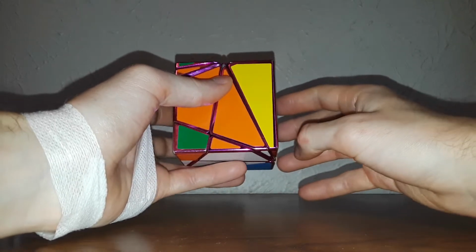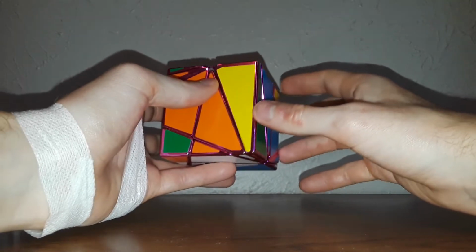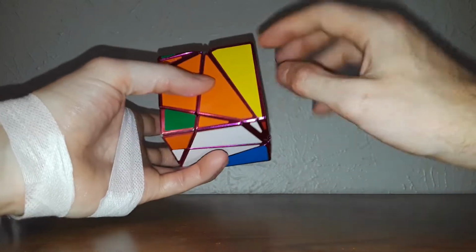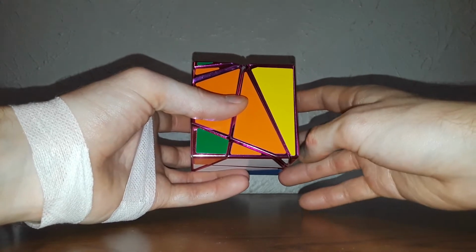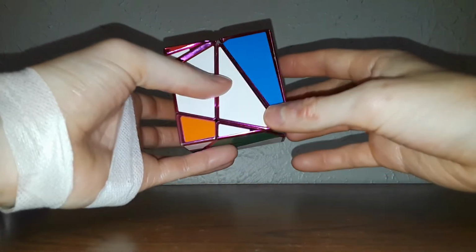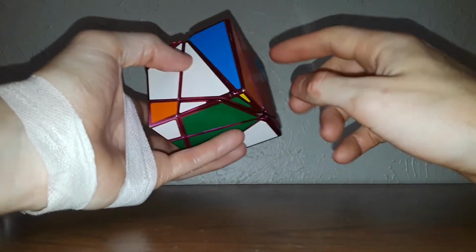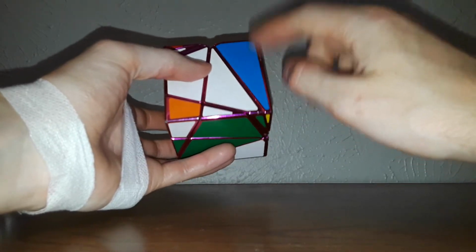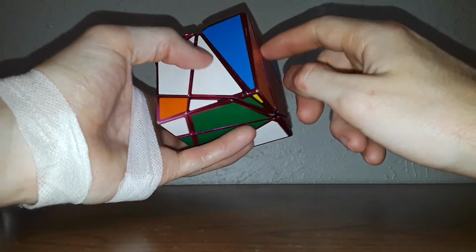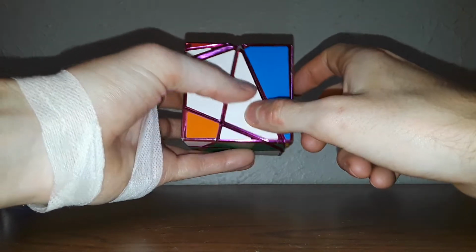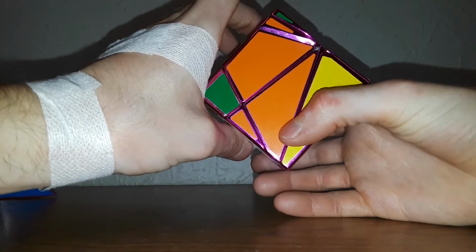Okay, so now the interesting thing about this algorithm is that you can actually use it to flip two edges, because you can get that situation where you have two of the long edges flipped. So if you have two edges flipped, what you want to do is pay attention to what was right here. So the red and white piece, it came over here.